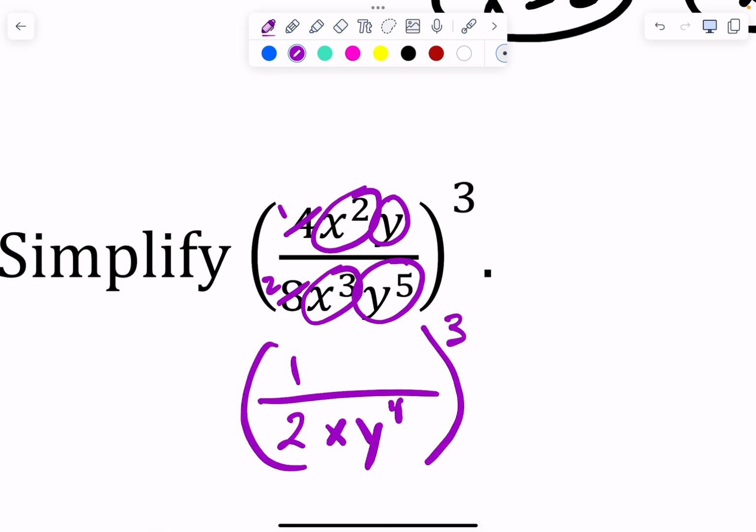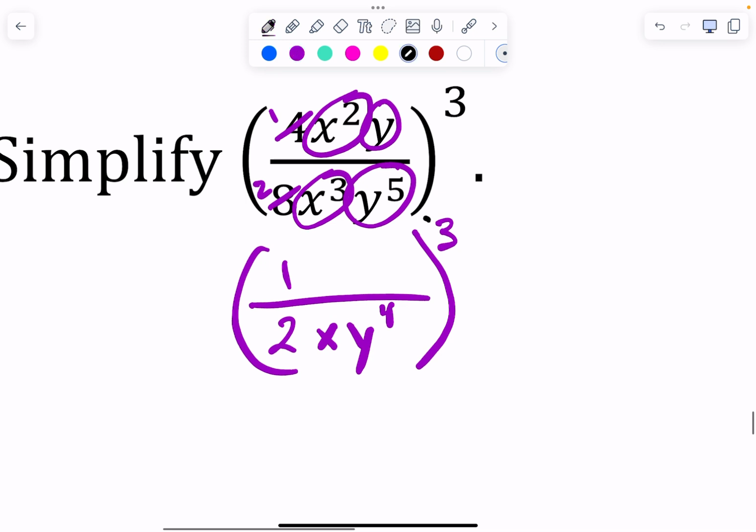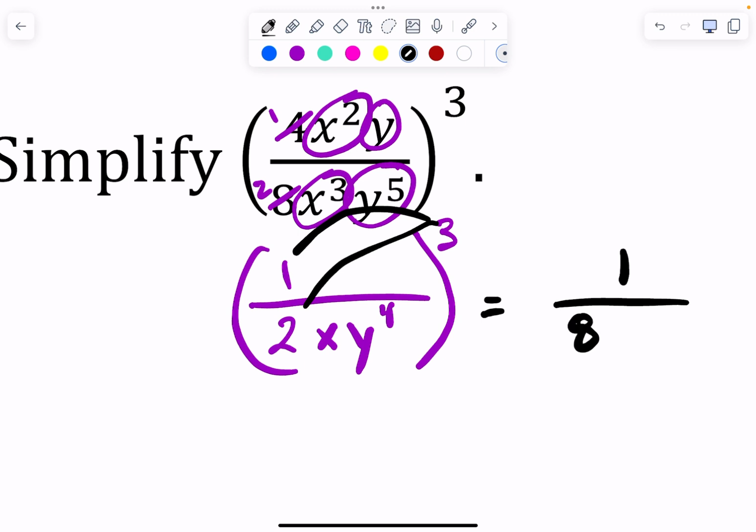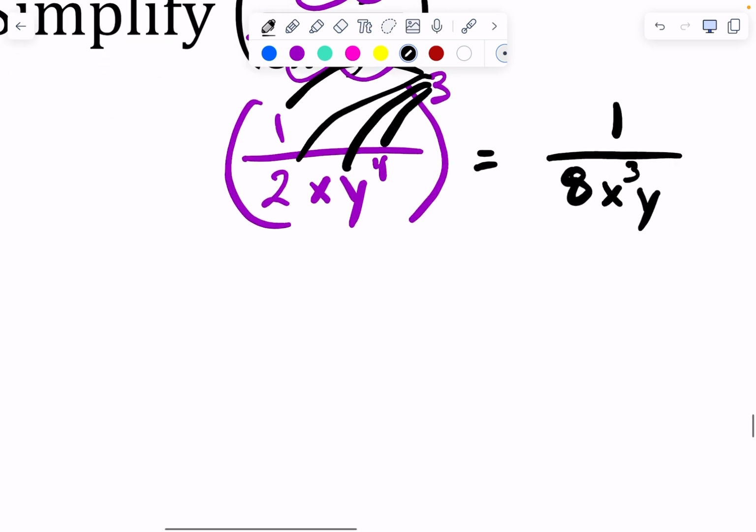But I'm not done yet because I have to cube everything, right? So I take 1 and I cube it, and that is 1. I take 2 and I cube it, and that is 8. I take x and I cube it, and that is x cubed. And I take y to the 4th and I cube it, and that is y to the 12th.